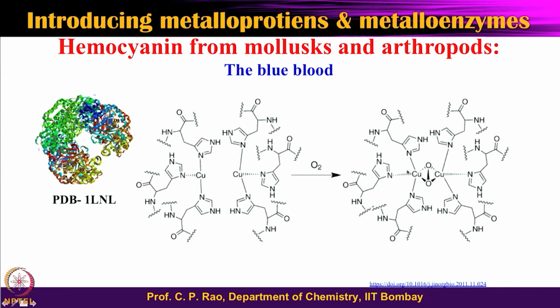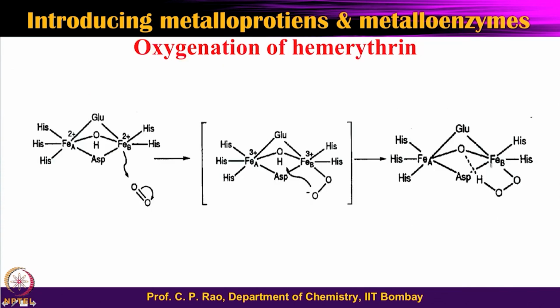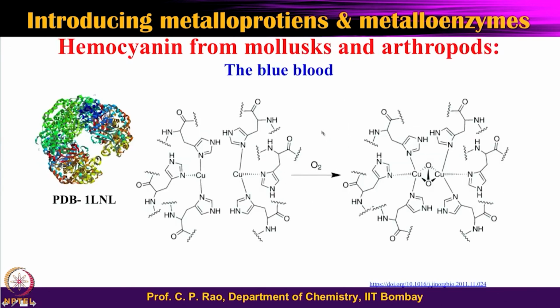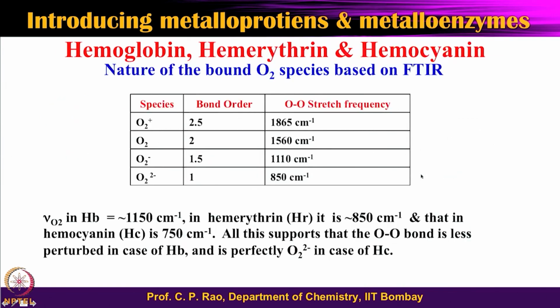Now, here copper 1 will go to copper 2, and there are 2 electrons in peroxo. Here the peroxo is bridged very symmetrically, and in the previous case the hydroperoxo is not bound symmetrically. This is an unsymmetric peroxo, and this is a very symmetric peroxo. Therefore, your vibrational spectrum will differ.